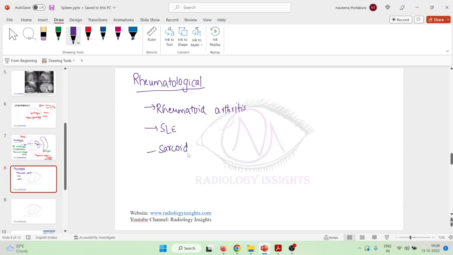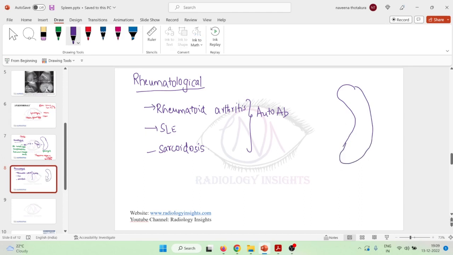In all these conditions, there is immunoglobulin production, antibodies, autoantibodies especially. These are rheumatological conditions where autoantibodies are produced. As a result, in these conditions also, the spleen is increased in size, that is, splenomegaly is seen.